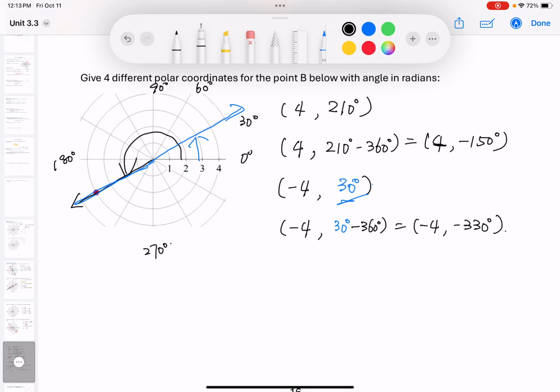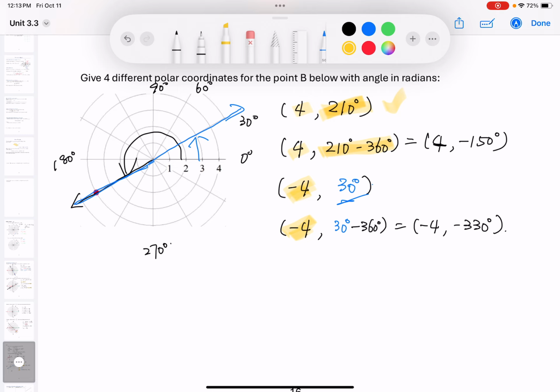In this part we may make small mistakes, so be very careful. Here is a hint. The first two have the same r and are coterminal angles. You can use the first one minus 360, or this angle plus 360, to find the coterminal angle. The next 2 points have the same r value, which is negative.